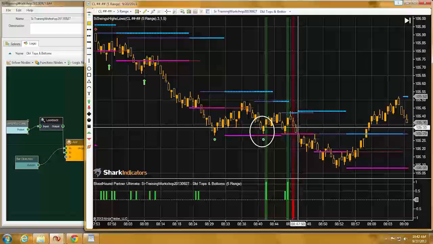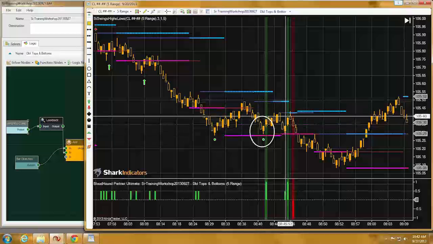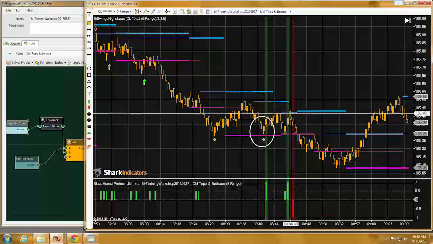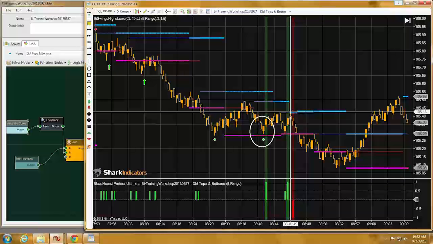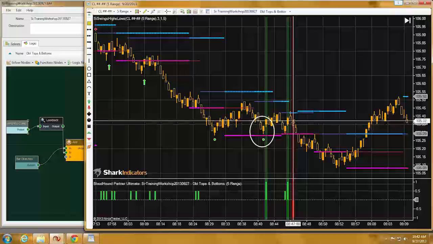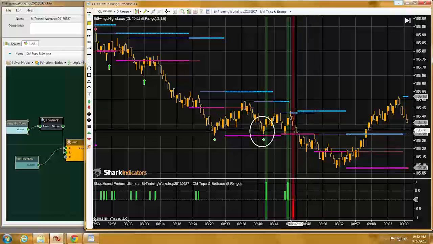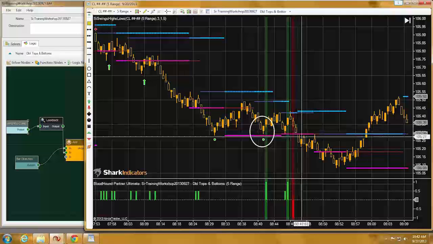It's interesting. If I was watching this in real time, I would say this is a sloppy double top, even though it did end up being a pretty good run. You could have scalped some money out of this, 20 ticks or so maybe.